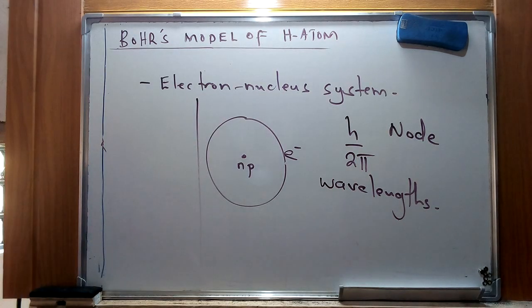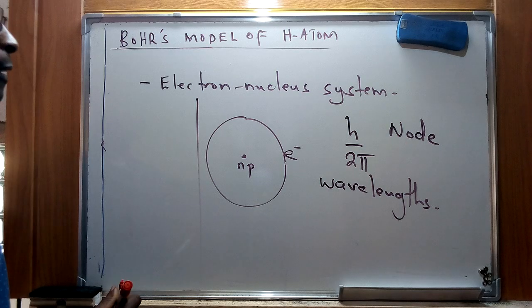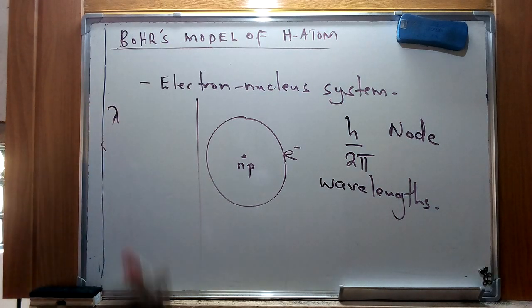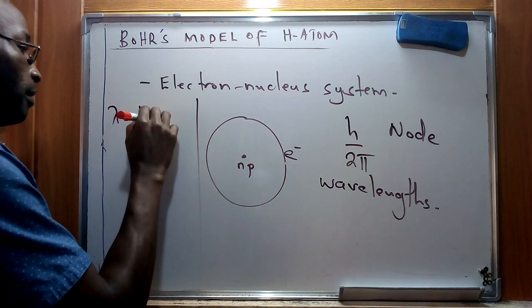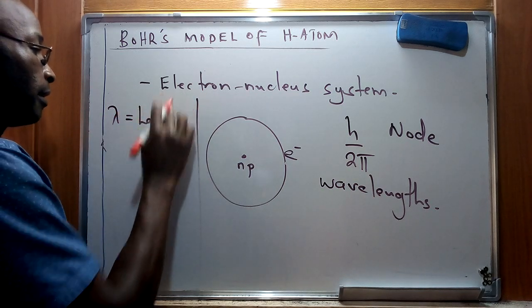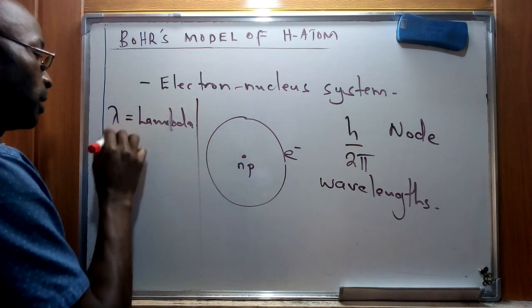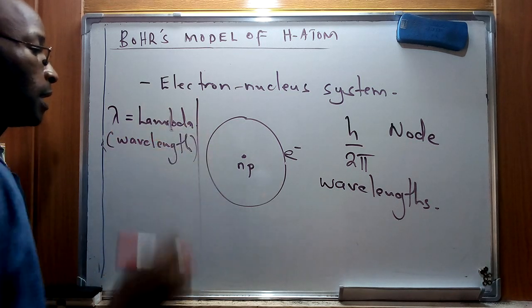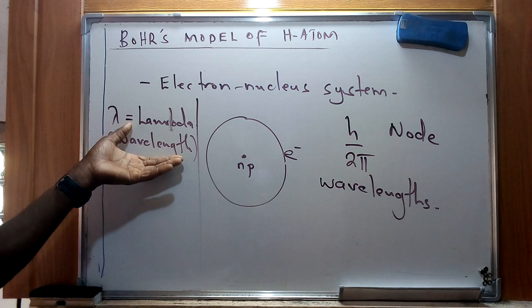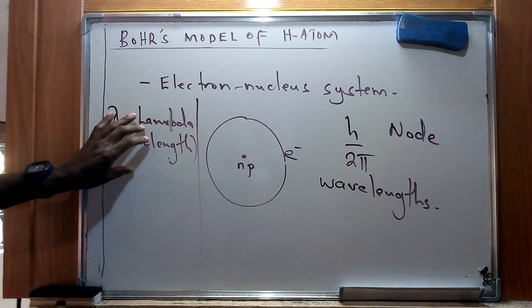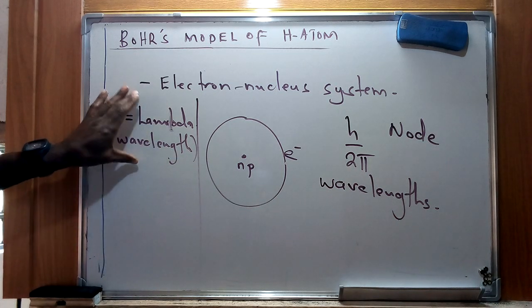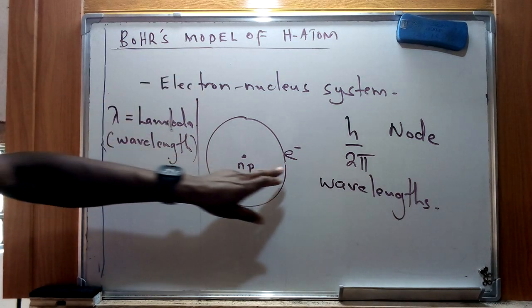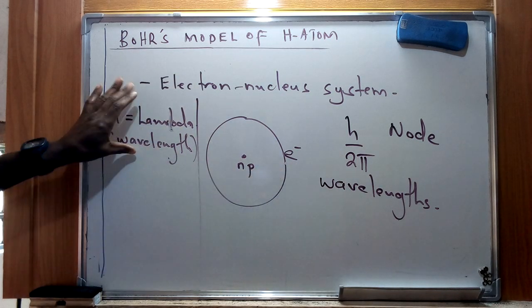From the symbol that we had given, lambda, we said lambda refers to the wavelength, and this was described for subatomic particles, which have the characteristic of wave-particle duality. Therefore, a particle like an electron can be described as a wave.